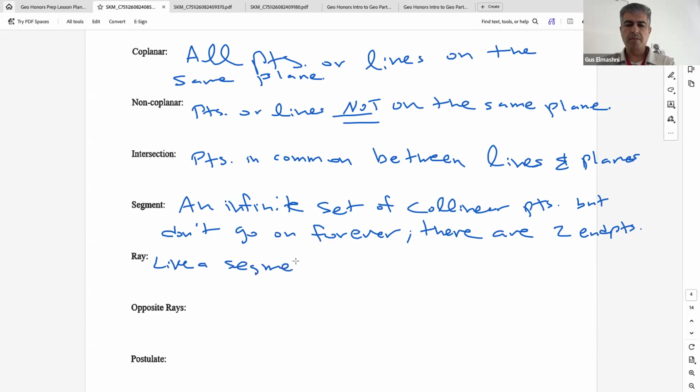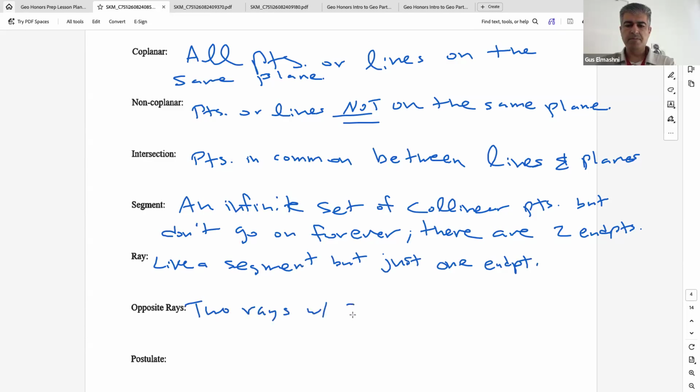Wait, it's an infinite line. So, yeah, it won't have a midpoint then.